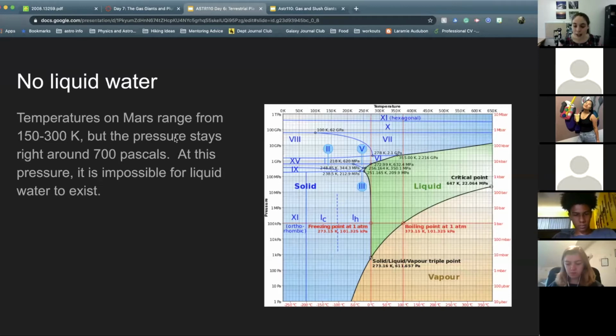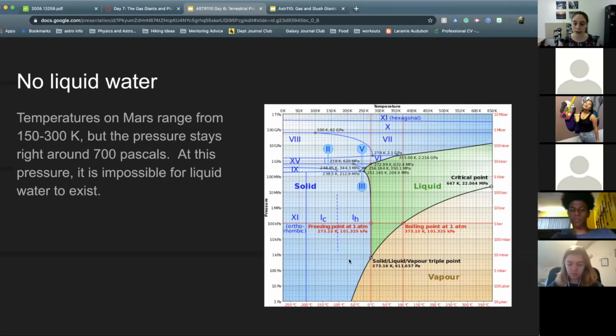And what we can look at is that we know, based on the temperature and pressure of a planet, we can figure out what phase water will be in. And we know that Mars has a temperature range of about 150 to 300 Kelvin. So we're in this range, but the pressure stays right around 700 pascals.